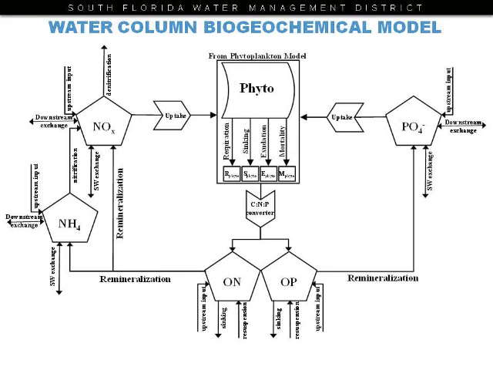There is nitrification, the oxidation of ammonia into nitrate, which is a source term, and a sink called denitrification, which is a net loss of nitrate from the system. For the particulate matter and organic nitrogen and organic phosphorus, there is sinking, a gravitational loss to the benthos.